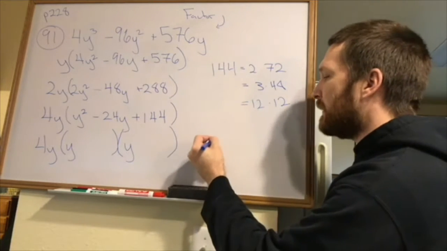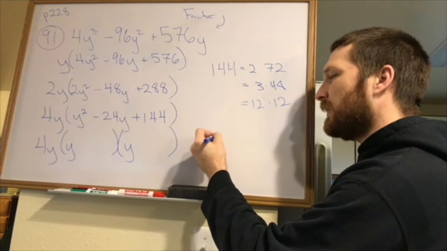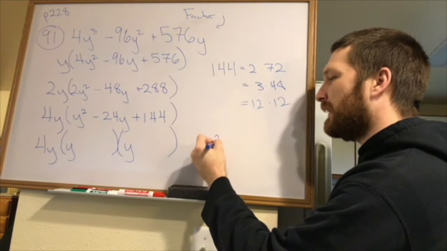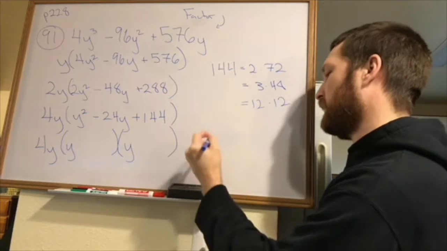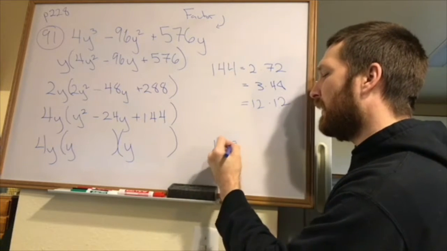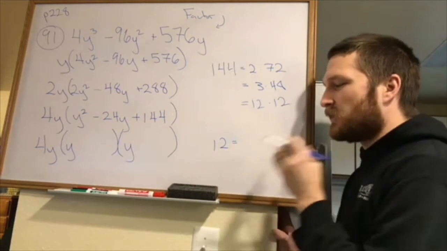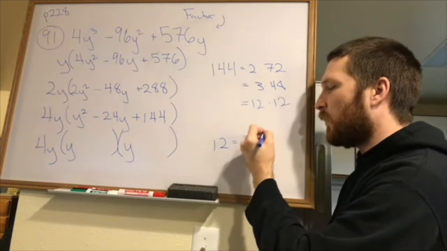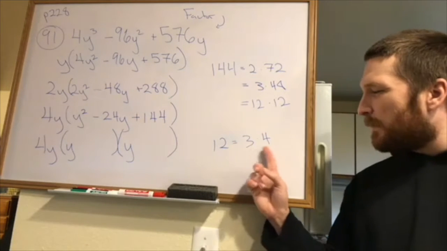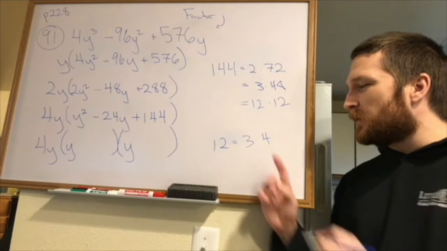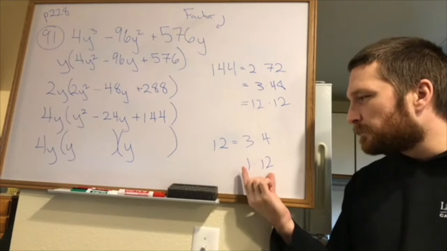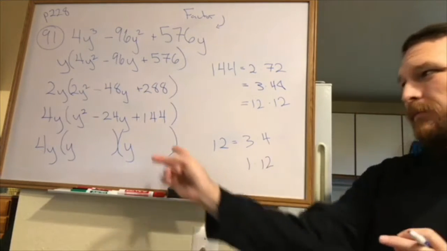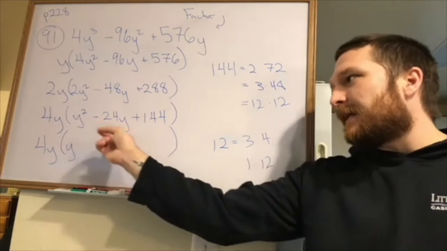If we had something like 28, or how about 12? If I had 12, my first guess is going to be 3 times 4. Why? Because those numbers are very close to each other, whereas 1 times 12 are not very close to each other. But it depends on what's in here, right?